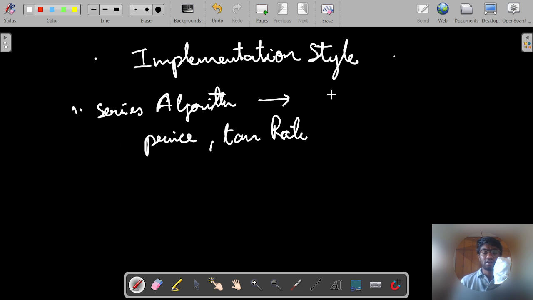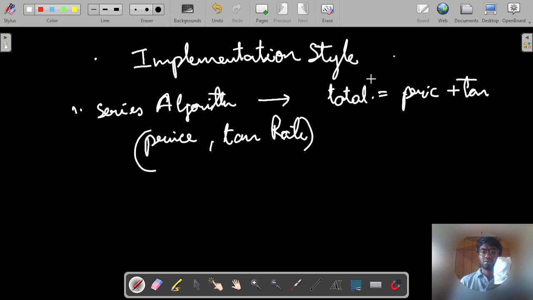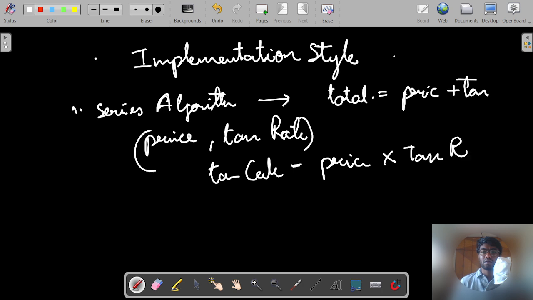In a series algorithm, given these two parameters, we can compute total price equals price plus tax. So tax calculation can be equal to price into tax rate divided by 100.